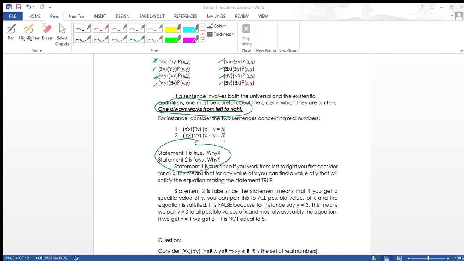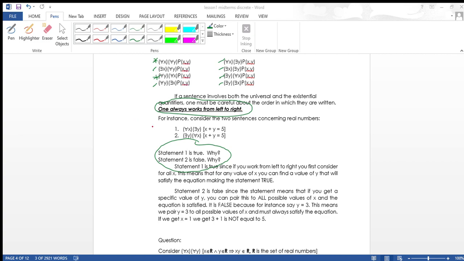For example, if x is 3, your y is 2, so that 3 plus 2 is equal to 5. If your x is 0, 0 plus 5 equals 5. If x is minus 2, your y must be 7 because minus 2 plus 7 is equal to 5.